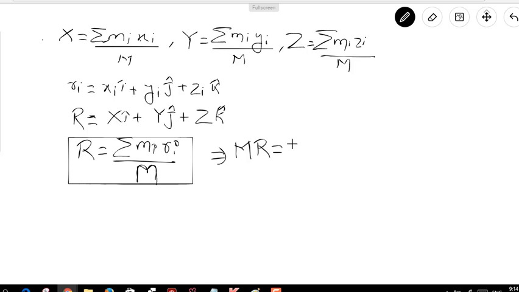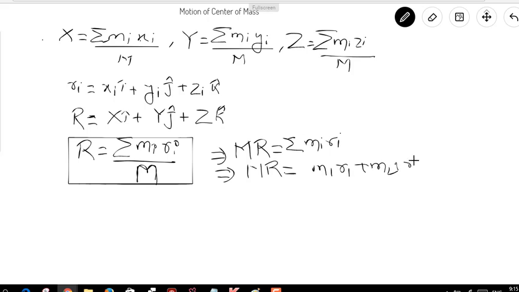We are doing all this just to explain the motion of center of mass, so let me quickly add the topic here, so that if you're wondering why I'm doing all these things, with this topic we will have at least some perspective. And now we have sum of mi ri. So this one we can also write as MR equal to M1 R1 plus M2 R2 plus so on.